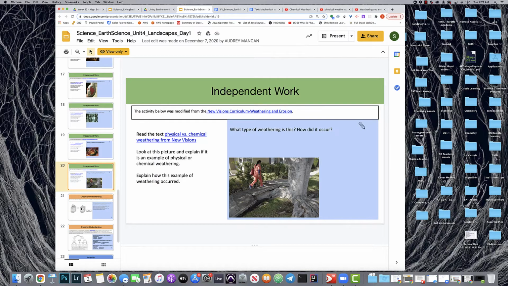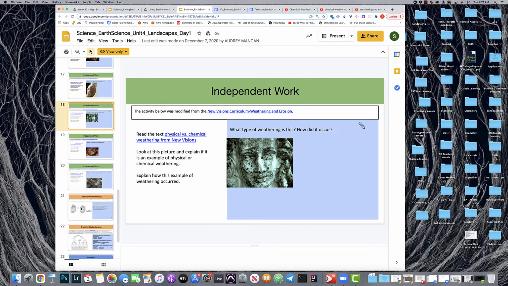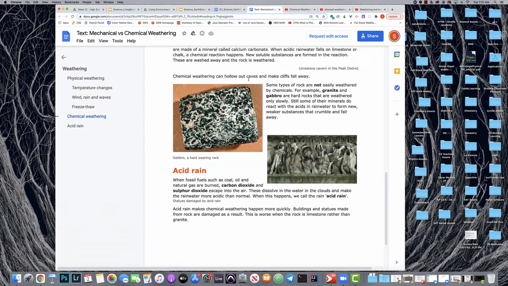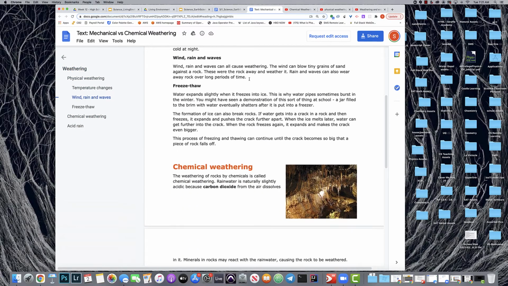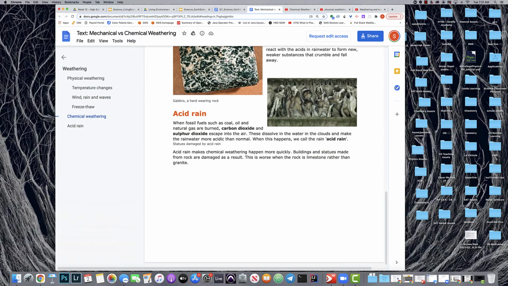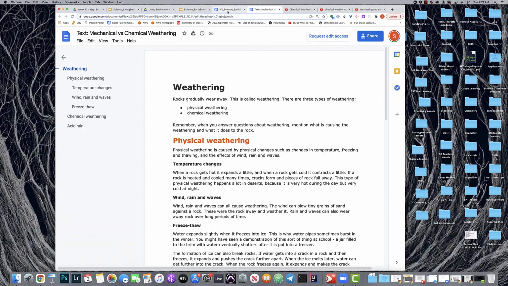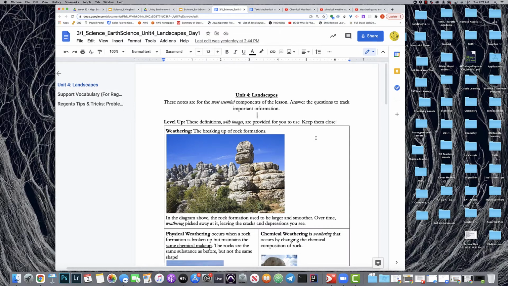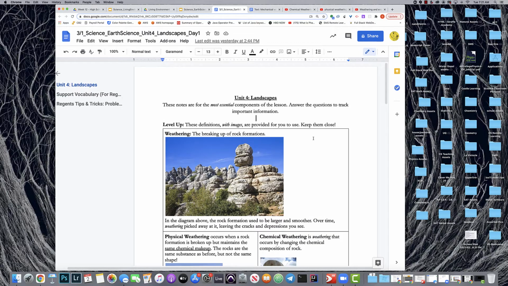And you'll note also, and this is specific for my area of support, that they are reading a text from New Visions. This particular text on physical and chemical weathering broken down. So my plan of attack, like it was in a video that I made last week for Living Environment, is to make accompanying notes very often.